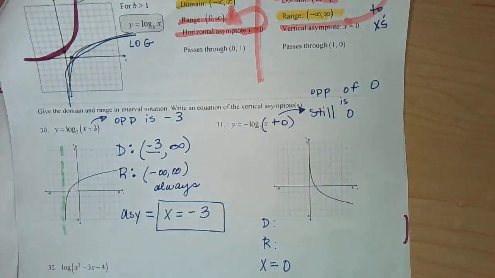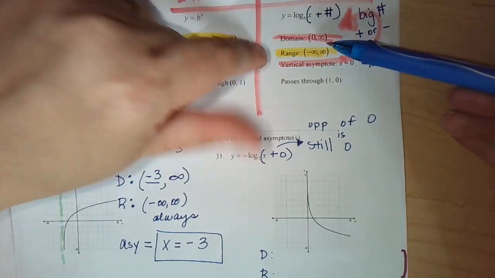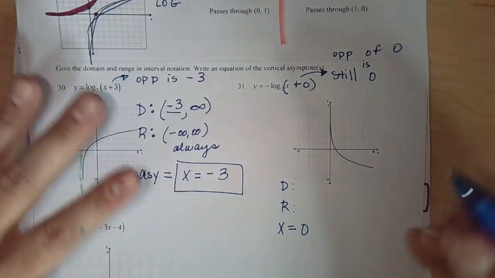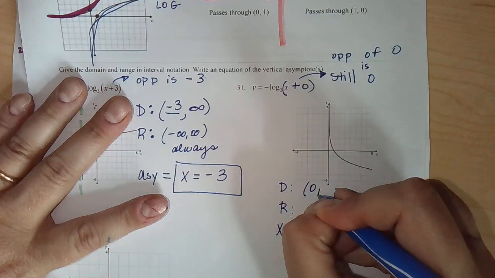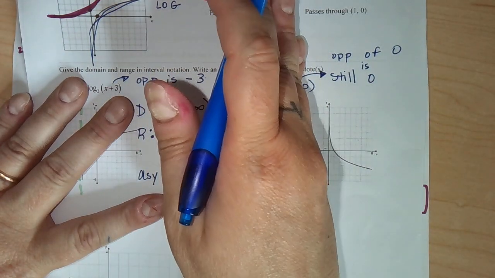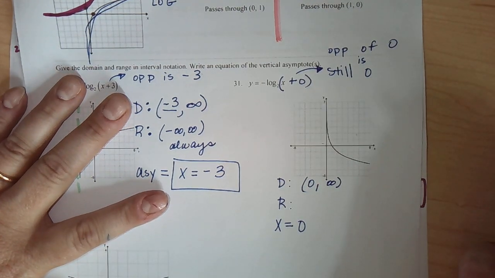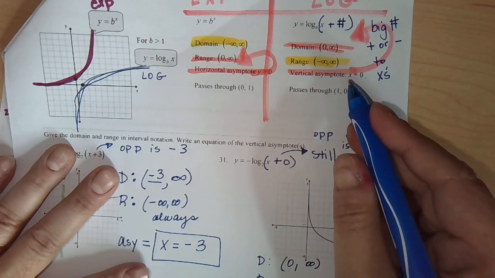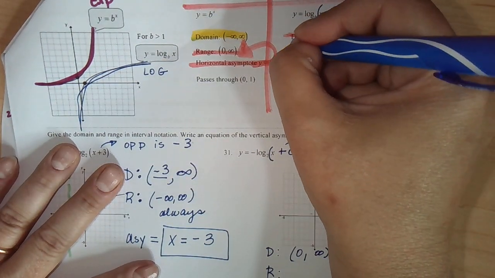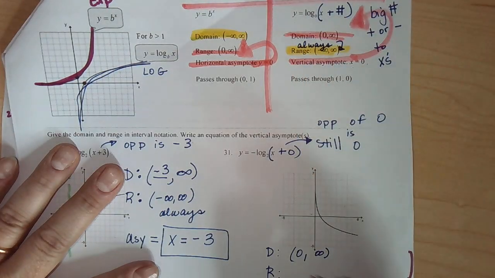So our asymptote is 0. Remember that whatever our asymptote is, that's how we start off our domain. So our domain is parenthesis 0 to infinity, starts at 0, goes all the way to infinity. Okay, let's do range. Range is always negative to positive infinity.